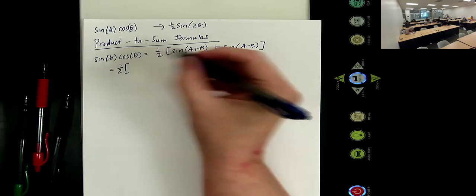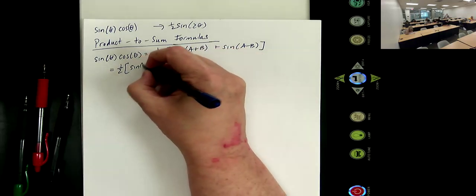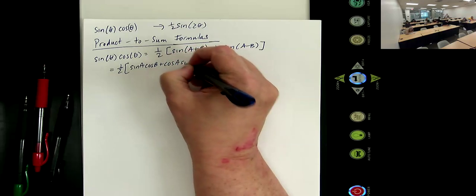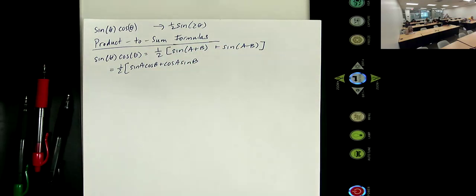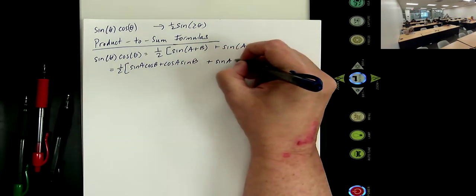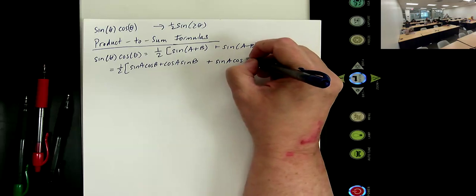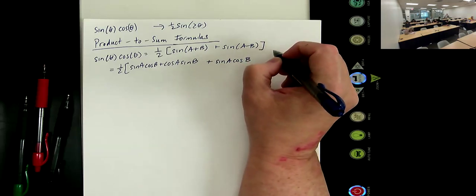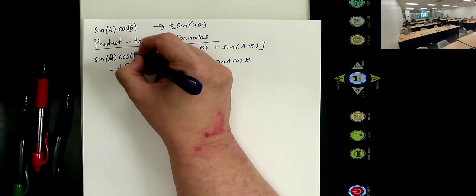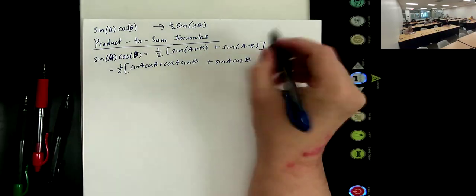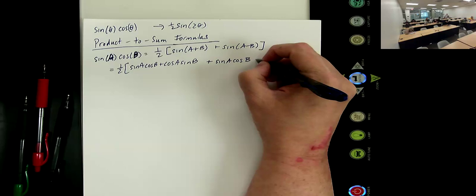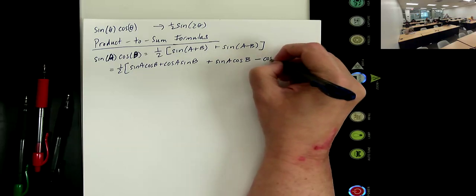We've got 1/2 of sine A cosine B plus cosine A sine B, and then plus sine A cosine B. I should say sine A and B right here, not theta and theta, they're different angles. Sine A cosine B minus cosine A sine B.